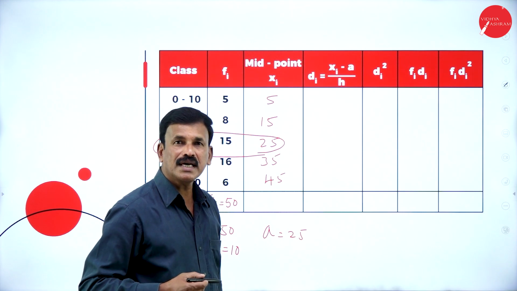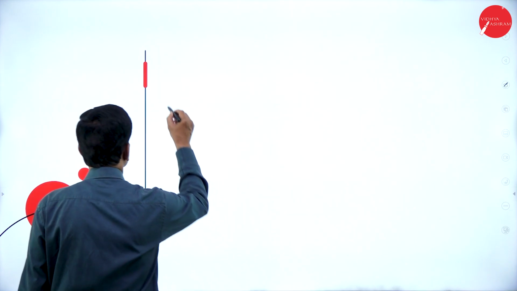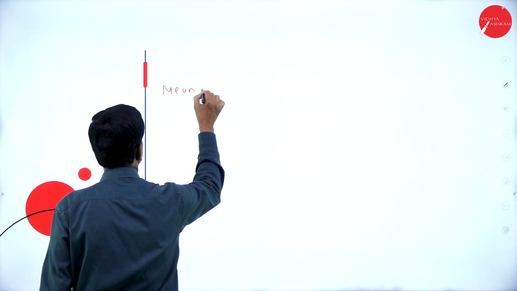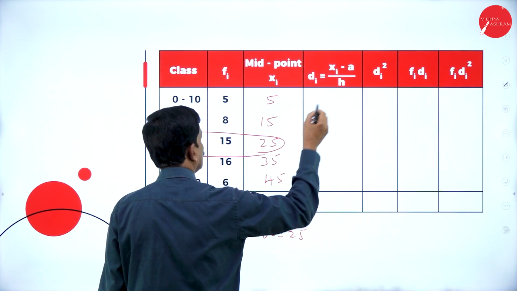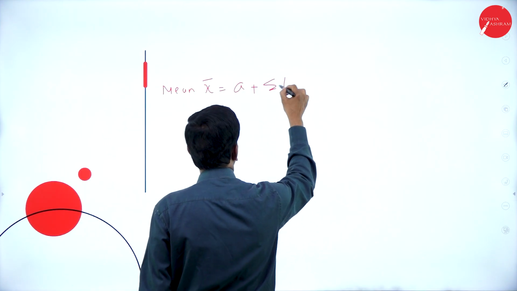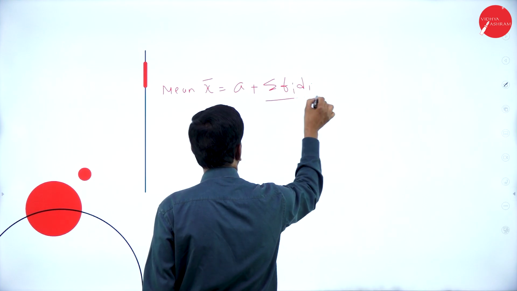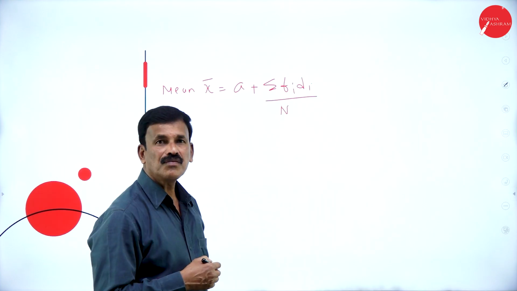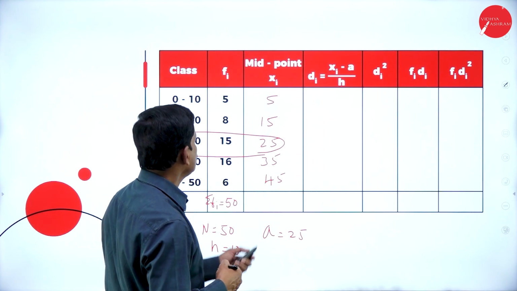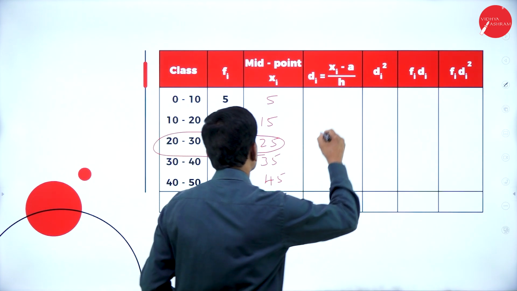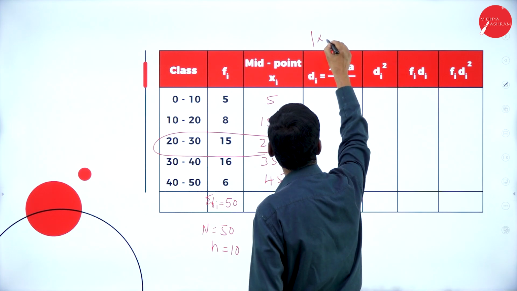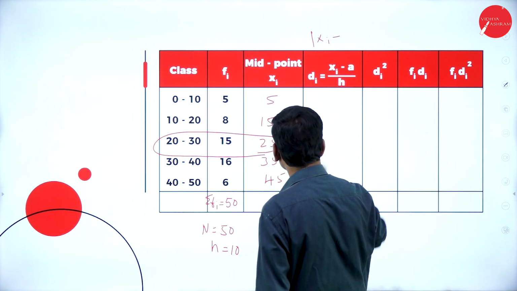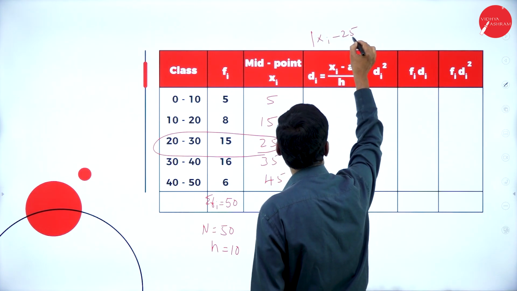Okay. Now find out x bar. The mean x bar is equal to A plus sigma Fi di divided by n. Okay. Now first find out di. What is di? Xi minus A, divided by h. A, the assumed mean, is 25.